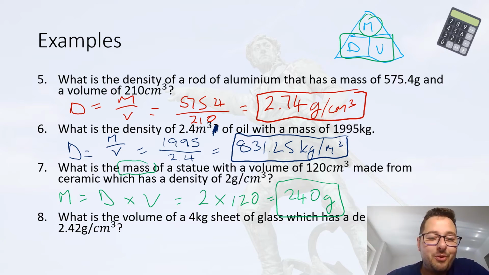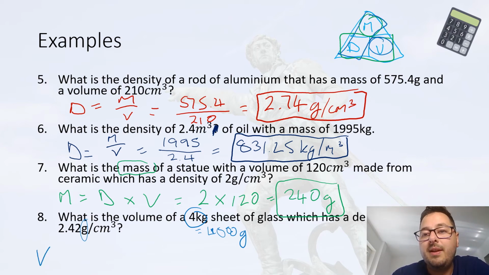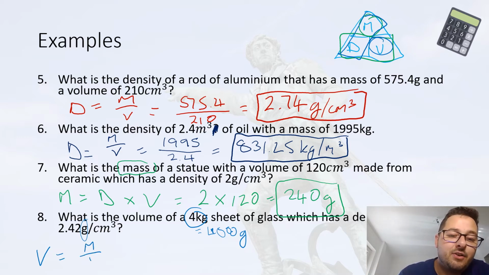Okay, number 8. We want to find out what is the volume of a 4 kilogram sheet of glass which has a density of 2.42 grams per centimeter cubed. Okay, so let's be a bit careful here. The mass is in kilograms but the density is in grams. So the first thing we might want to do is turn this into grams. So 4 kilograms is 4,000 grams. Now we want to find out the volume. So the volume is going to be mass divided by density.